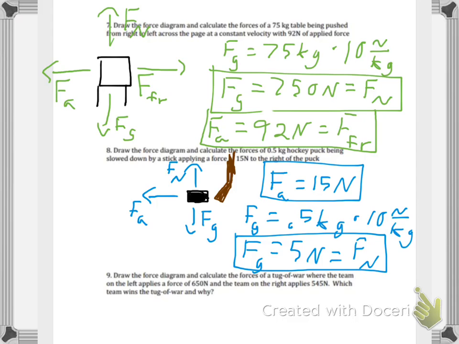And now on to number 9. Draw the force diagram. Calculate the forces of a tug of war where the team on the left applies 650 newtons and the team on the right applies 545 newtons. So here we'll start off, got our rope. We'll draw the old tug of war rope in there. And then we've got a few people.